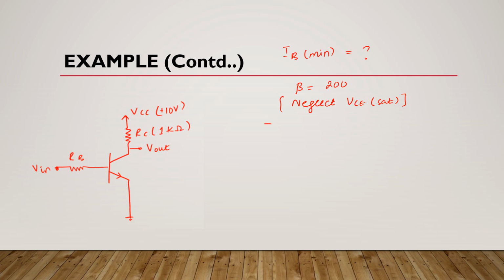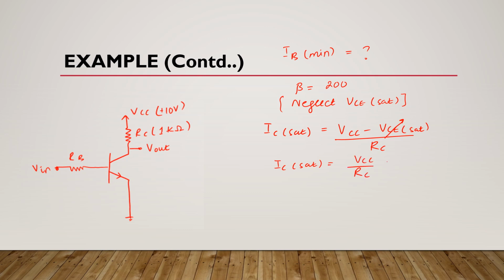First we will find the saturated value of collector current. We know that IC saturated is equal to VCC minus VCE saturated divided by RC, and if we are neglecting this term here, then IC saturated is equal to VCC divided by RC.